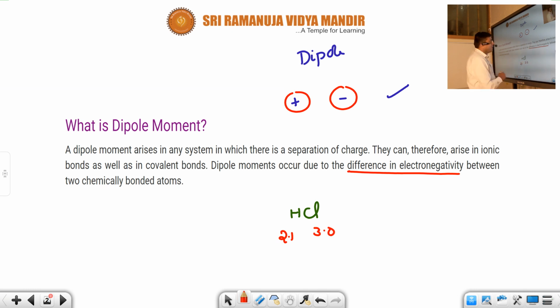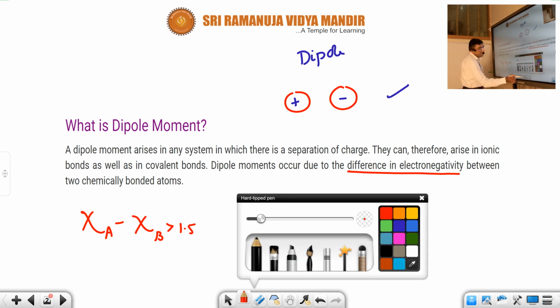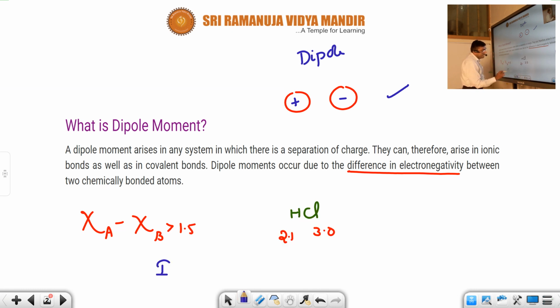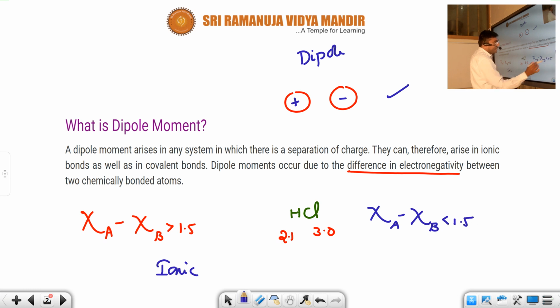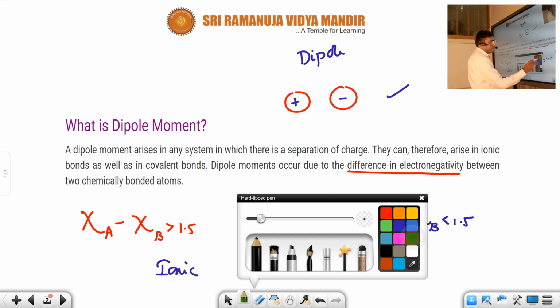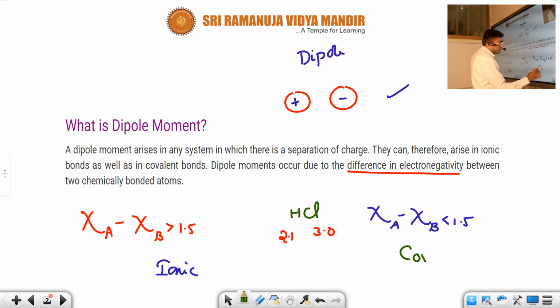You know very well that when Xi A minus Xi B is greater than 1.5, it results in the formation of an ionic bond. When Xi A minus Xi B is less than 1.5, it results in the formation of a covalent system.